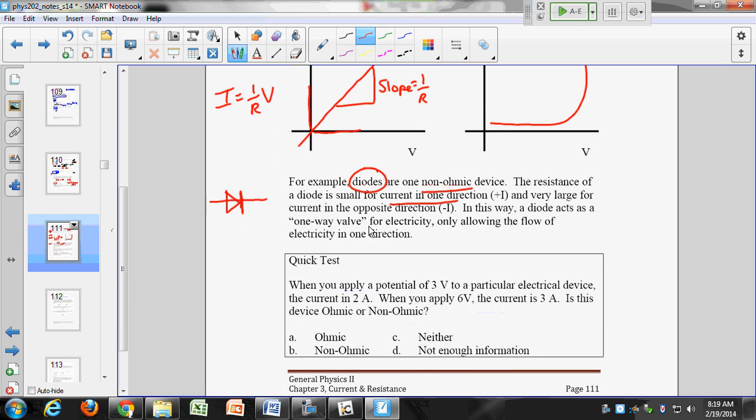So let's try this quick test, and then we'll be sort of done. Given these values, is this device ohmic or non-ohmic? That is, does it follow Ohm's law, or does it not follow Ohm's law?